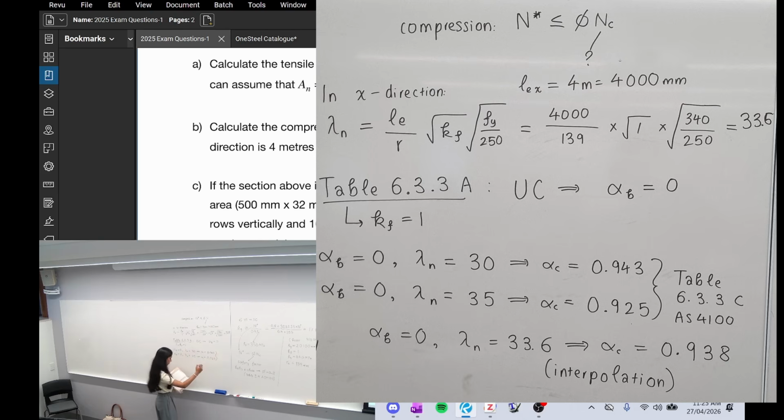These are both from table 6.3.3c from AS 4100, same as before. And same as before, we can use linear interpolation between these two numbers to find what alpha C would be for our question. So for a slenderness of 33.6, you would get alpha C equals 0.938, just by interpolating.